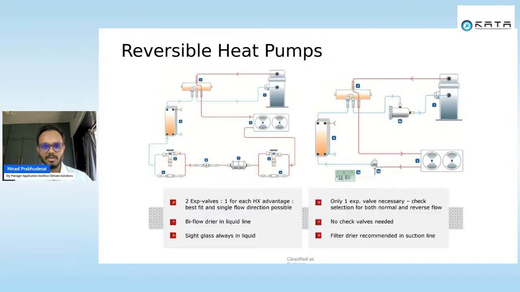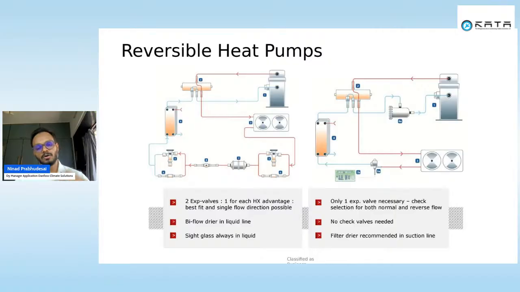So in this case, you can see there is a four-way reversing valve, and in the normal cooling cycle, let's say, the compressor discharge is going to the condenser, and then through the expansion valve it is coming to the evaporator.